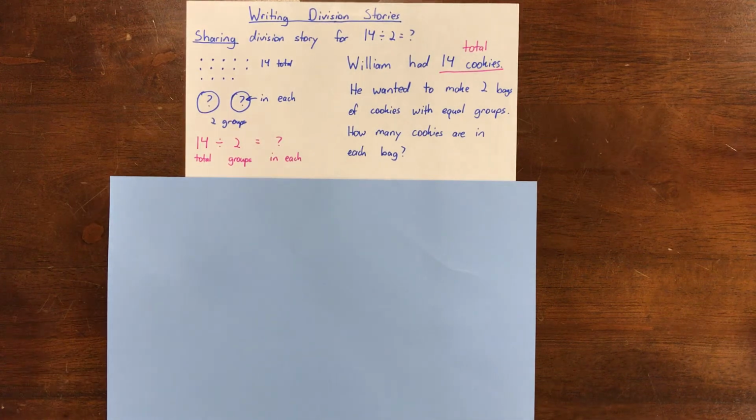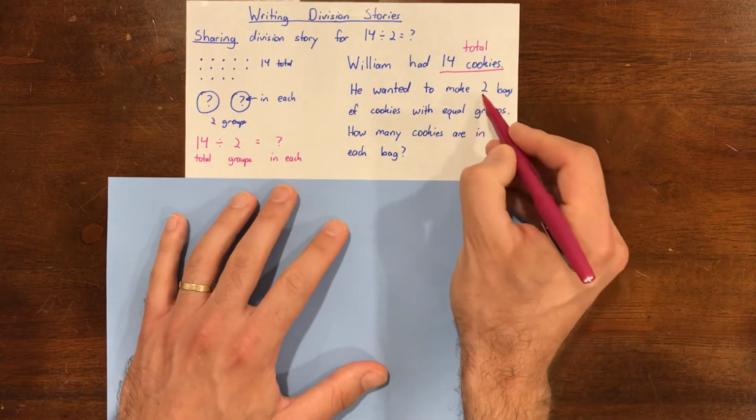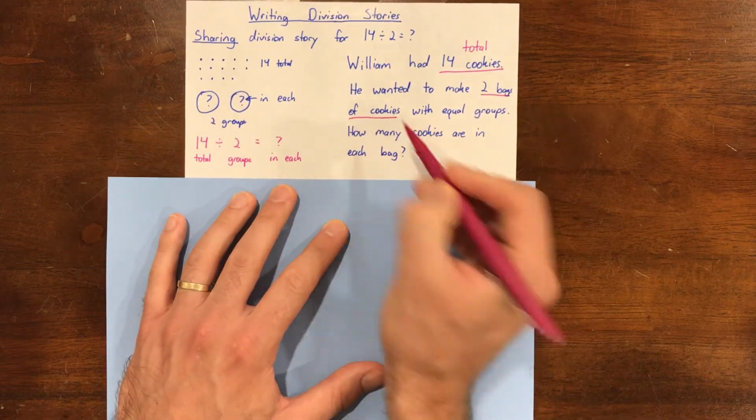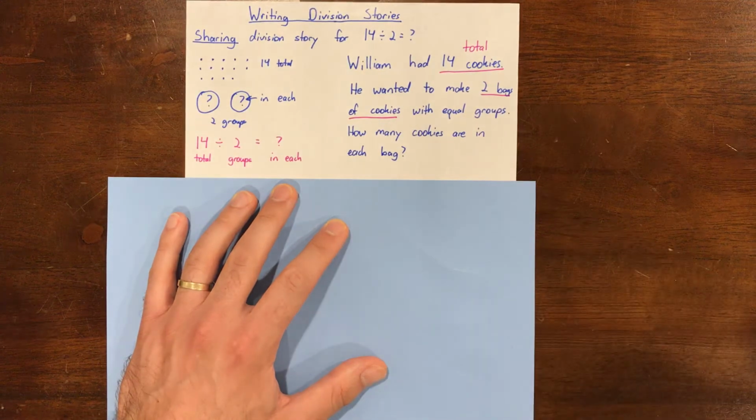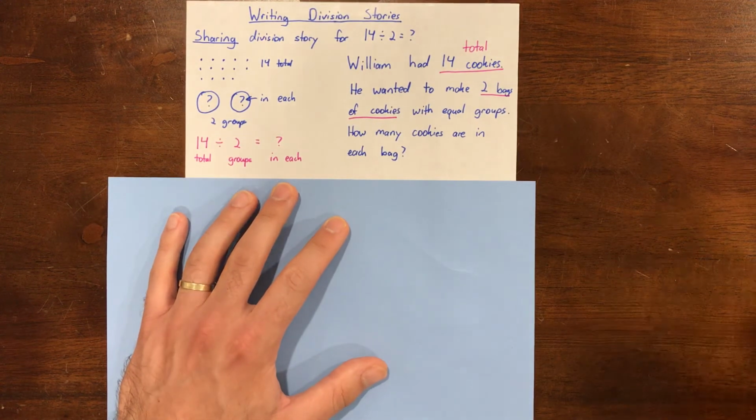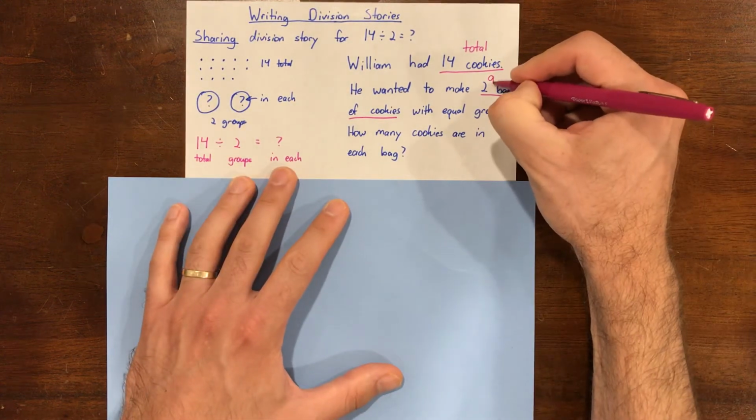This problem tells the reader the number of groups because it says there are 2 bags of cookies. And the 2 bags are the groups.